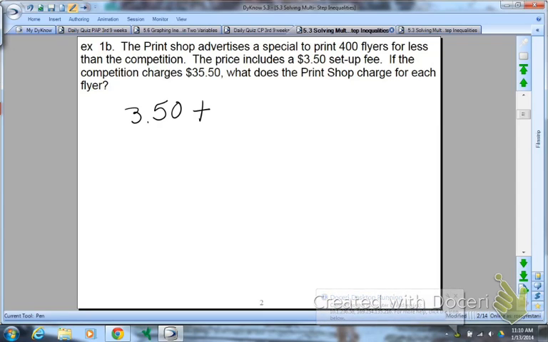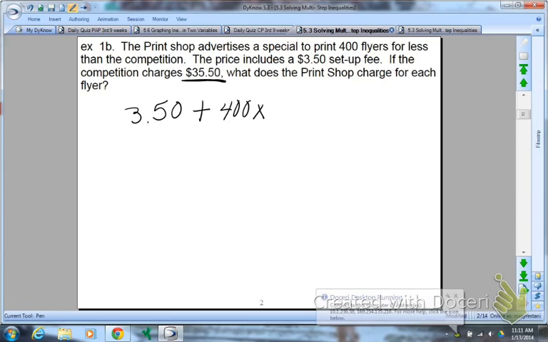Plus, how many flyers are we getting printed? 400. Do we know how much we're getting charged? No. So that would be 400 what? x. Now, we do know that the competition charges $35.50, and we want to be less than the competition.